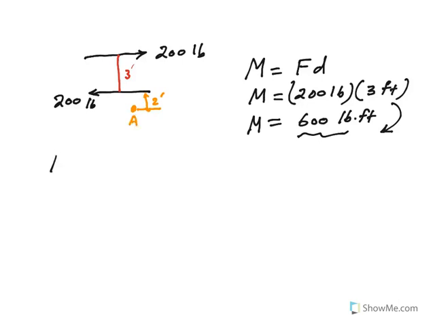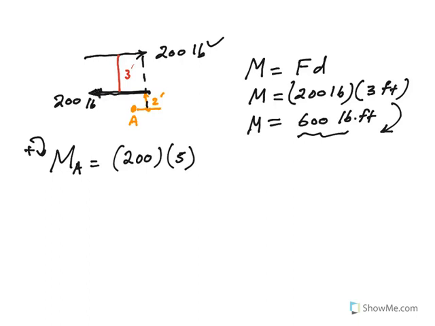I'm going to go ahead and find the moment of these forces about A. I'm going to pick clockwise as positive, just as a reference. So what's the moment of the upper force? That's 200 pounds times the perpendicular distance, which happens to be 5 feet, and that's going clockwise, so it would be positive. But the moment of the lower force is going counterclockwise, so it would be negative 200 times 2.